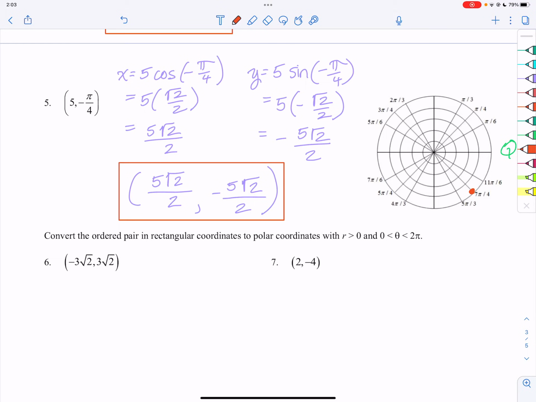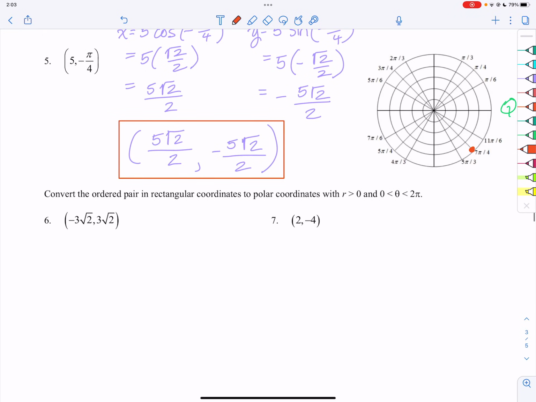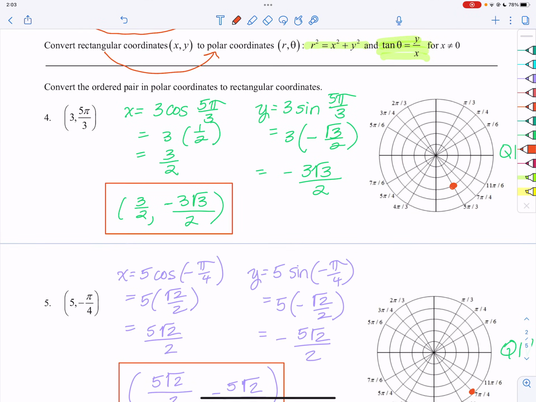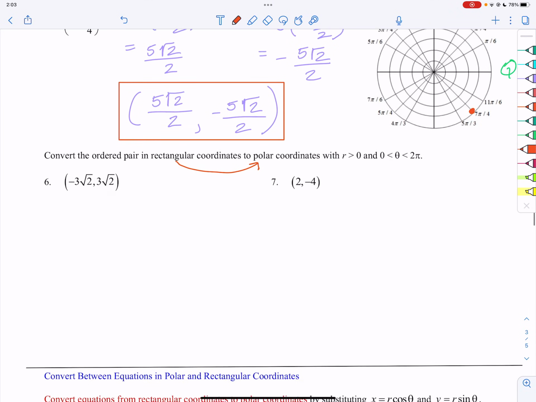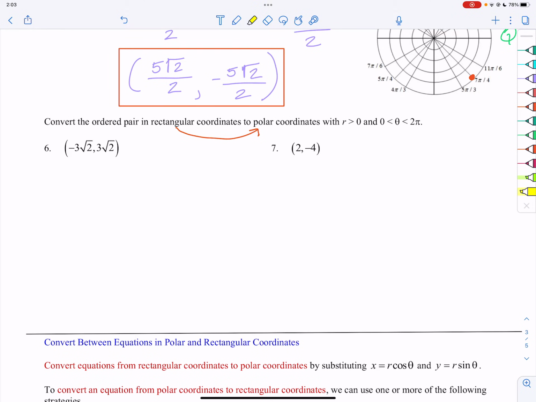Now let's go the other way. We are going to convert the ordered pair given in rectangular coordinates to polar coordinates. And here we were going from polar to rectangular. Okay, again, keep in mind we'll have positive r and theta between 0 and 2 pi.